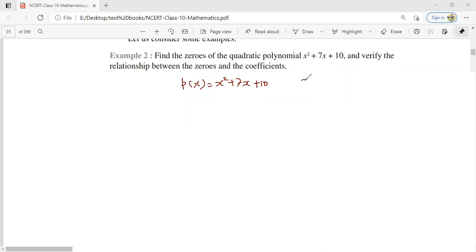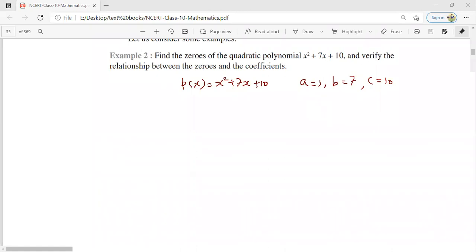From this we can say that a is equal to 1, b is equal to 7 and c is equal to 10. Now we have to find alpha and beta, which means we have to find their zeros.